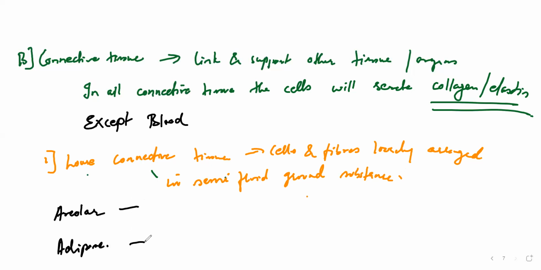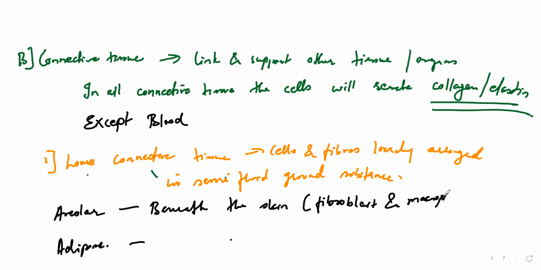Now what is this areolar and adipose? Areolar means those tissues which are present beneath the skin. And they will contain fibroblasts and macrophages. Because they are present beneath the skin, what will be the function of it?